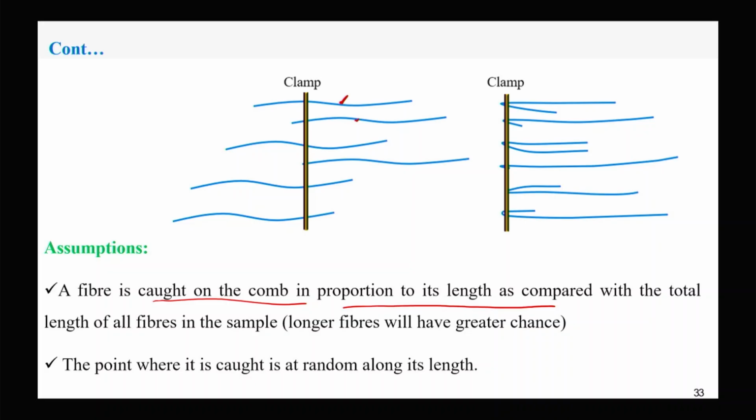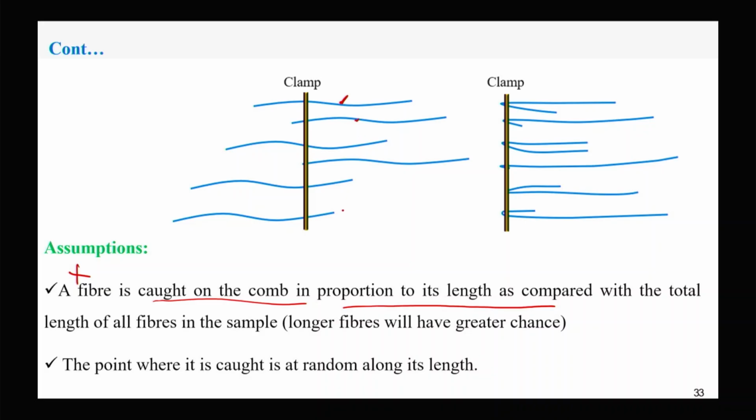Now in this condition, here in this picture, we are eliminating the first assumption. That means longer fibers and shorter fibers are not there. All the fibers are of equal length. So we are now dealing only with assumption 2, that is, the fibers are picked randomly at any point along the length.